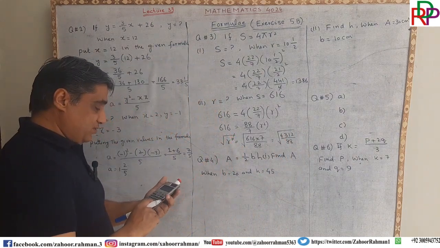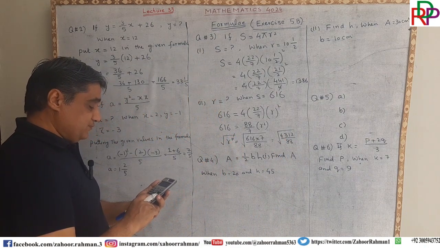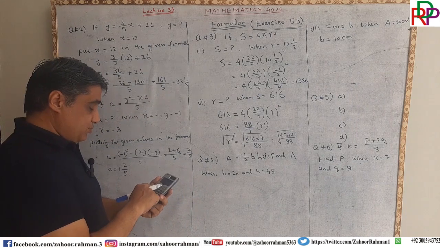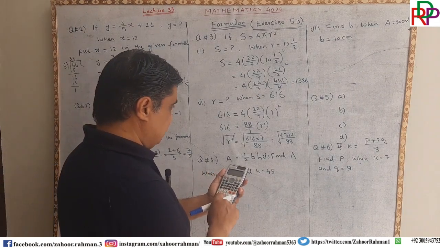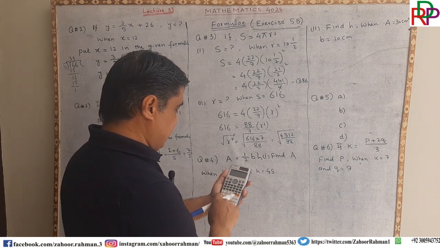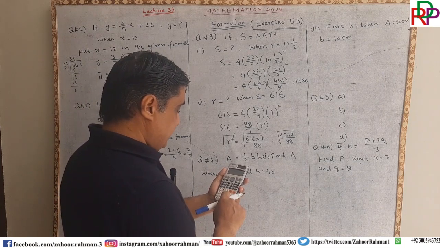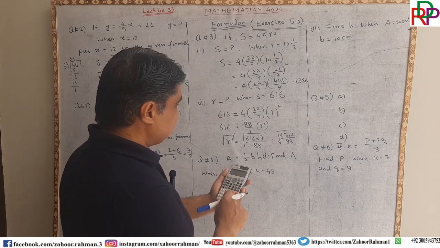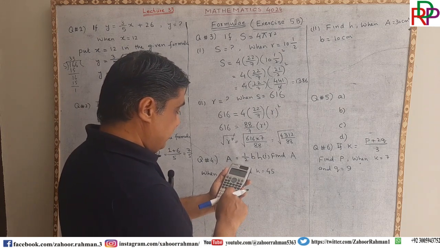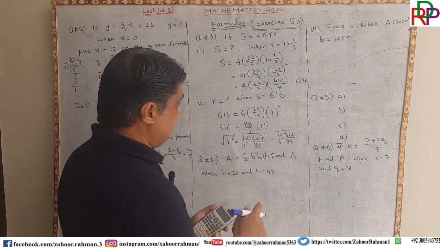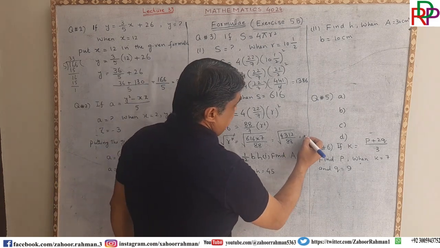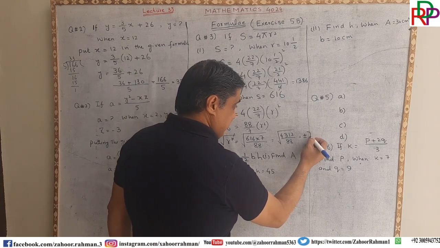Now we have to take this value under the root, and we are taking it 4312 divided by 88, and then the bracket close. So it means that we will get plus minus 7.